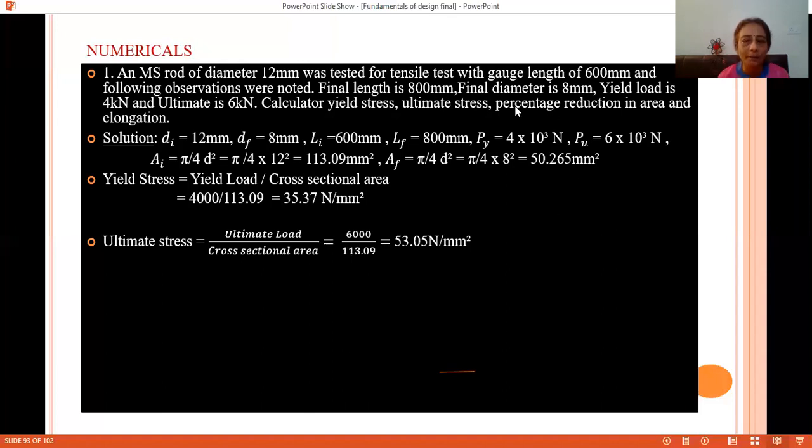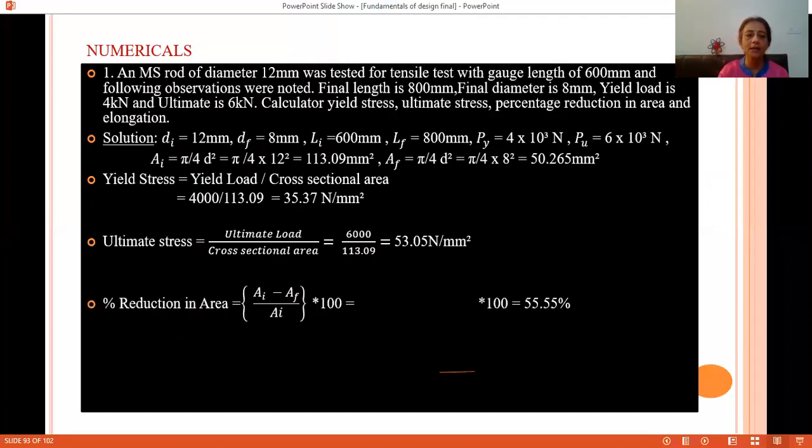Now we have to find percentage reduction in area. If I want to find only difference in area, then difference in area will be AI minus AF. But percentage reduction in area will be AI minus AF, the whole divided by AI, and it will be multiplied by 100.